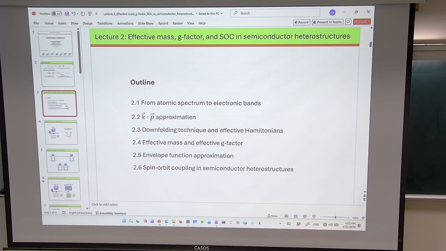So the mass and the g factor get renormalized, you get new values for them. Then we use the envelope function approximation for the case in which you have, let's say, a heterostructure, or the fields depend on position, and how to go from there to the spin-orbit coupling in semiconductor heterostructures. And specifically, we'll be discussing the so-called Rashba spin-orbit coupling.